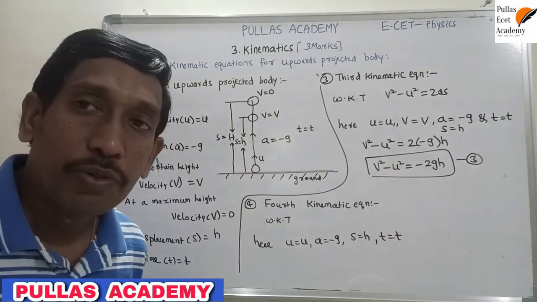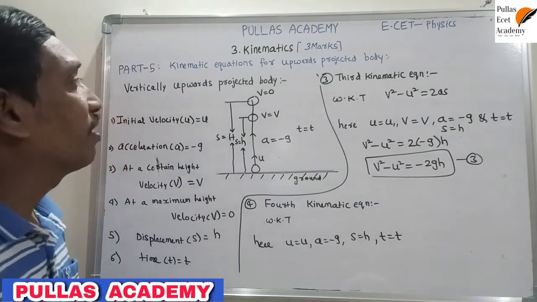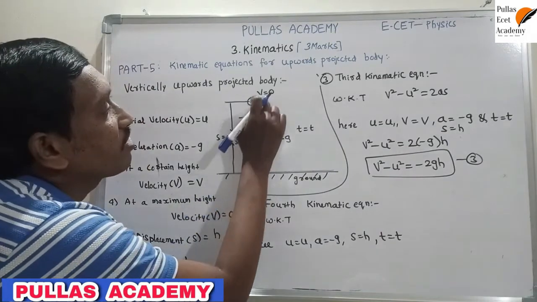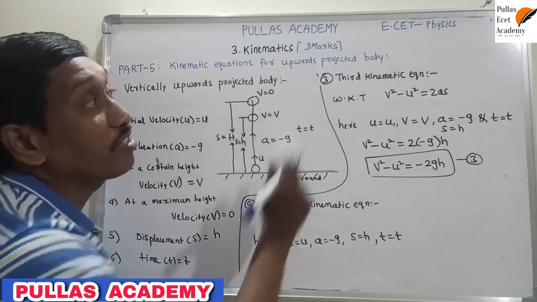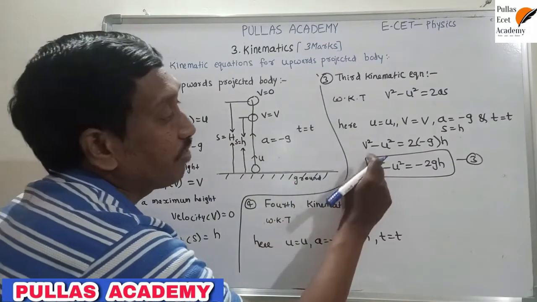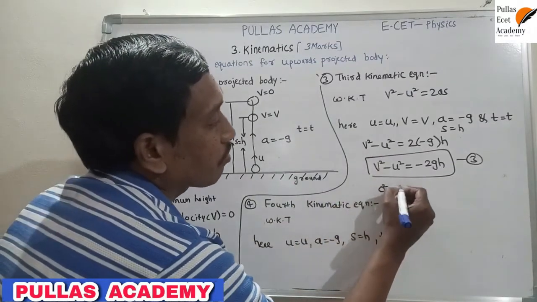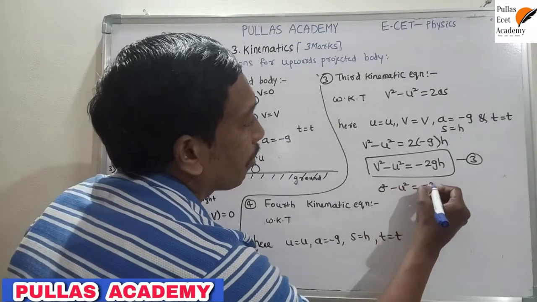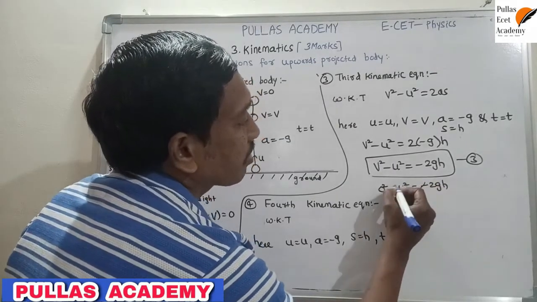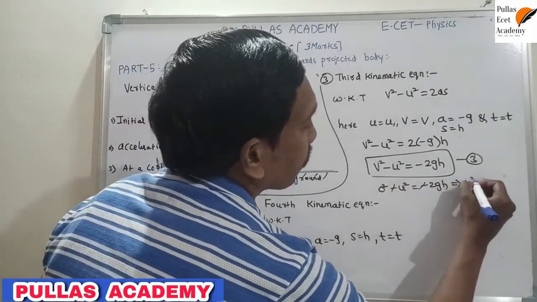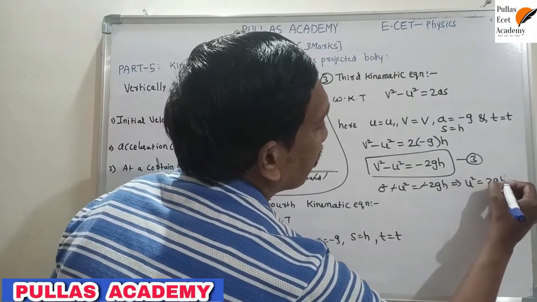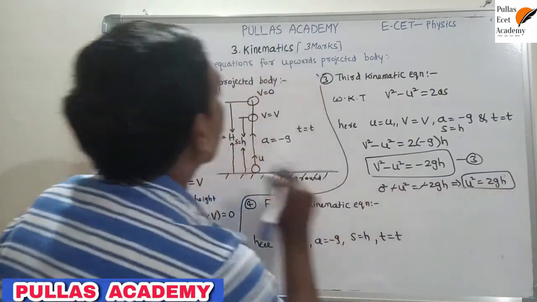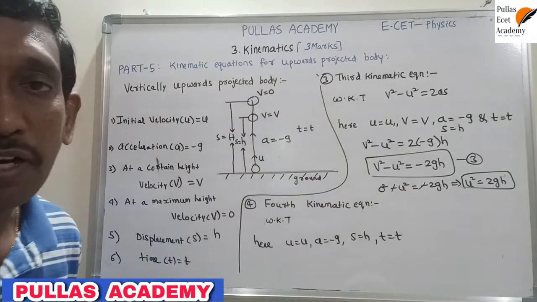In this way you have to understand. One more point here. When it reaches the maximum height, what is the third kinematic equation? Instead of v, substitute 0, then 0 square minus u square is equal to minus 2gh. The minus signs cancel, and you get u square is equal to 2gh. This is the third kinematic equation when it reaches the maximum height.